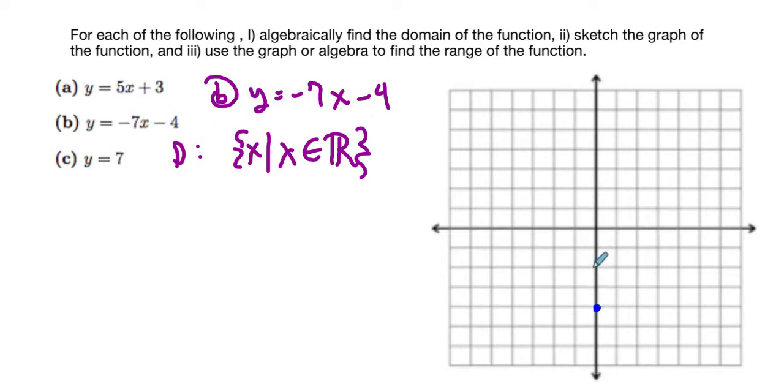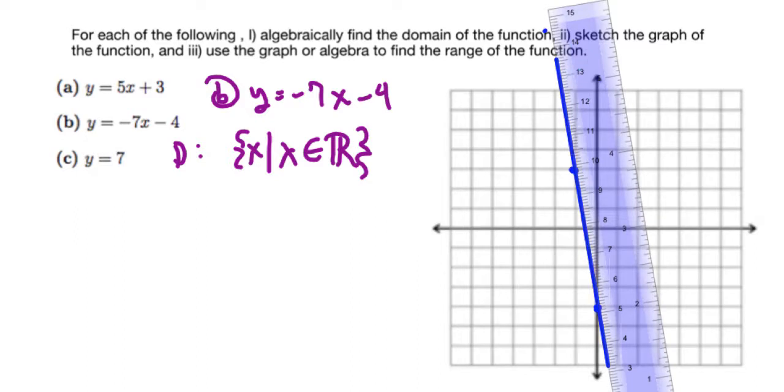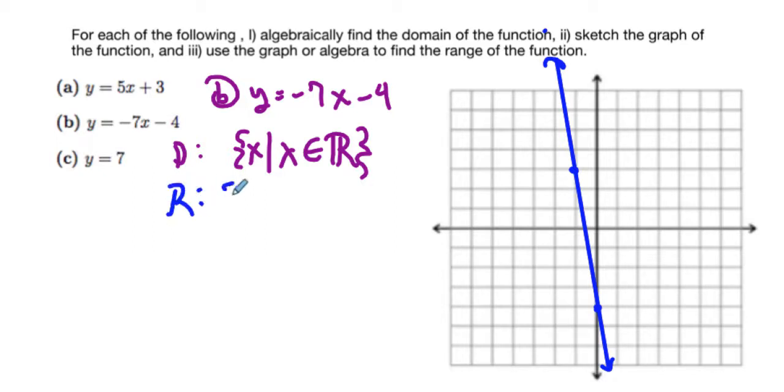I'm using my calculator and getting some points off of my calculator. Then I'm going to use my ruler, connect my dots. And this is what my graph should look like. So my lowest y value is negative infinity. My highest y value is positive infinity. Therefore, my range is y such that y is an element of the real numbers.